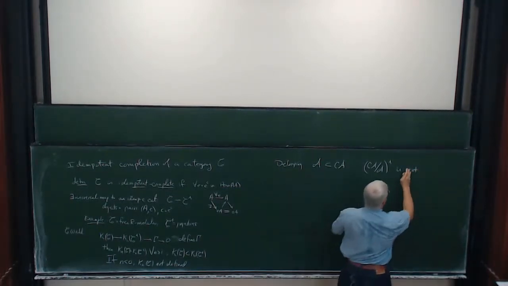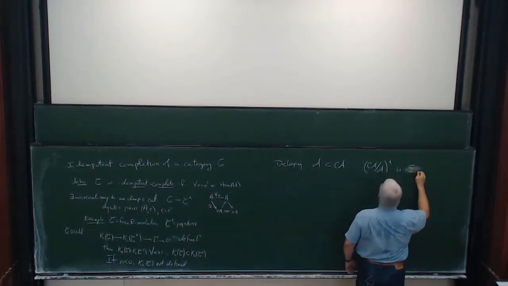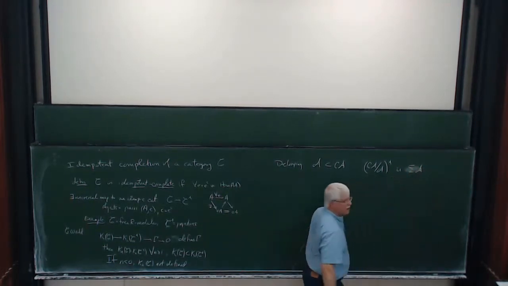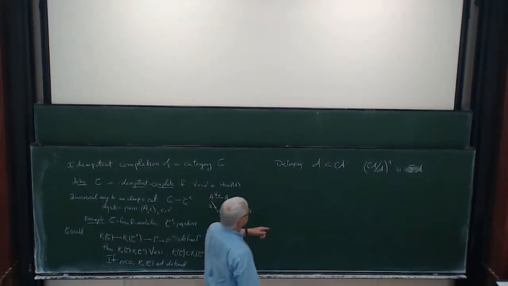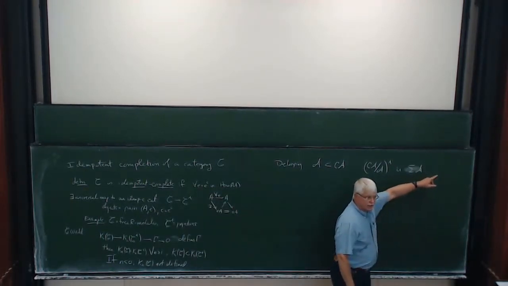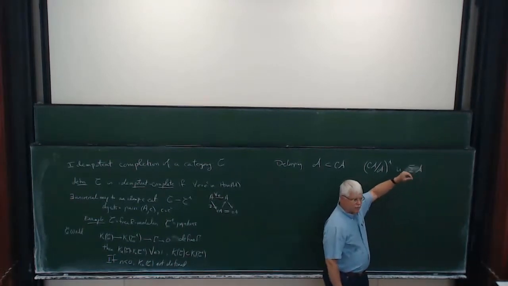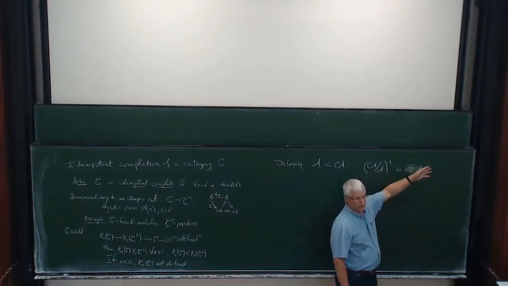Well, this is what the suspension of A was supposed to have been. I don't remember if I actually said that or not, but the point is that you have to idempotent complete after every single stage.